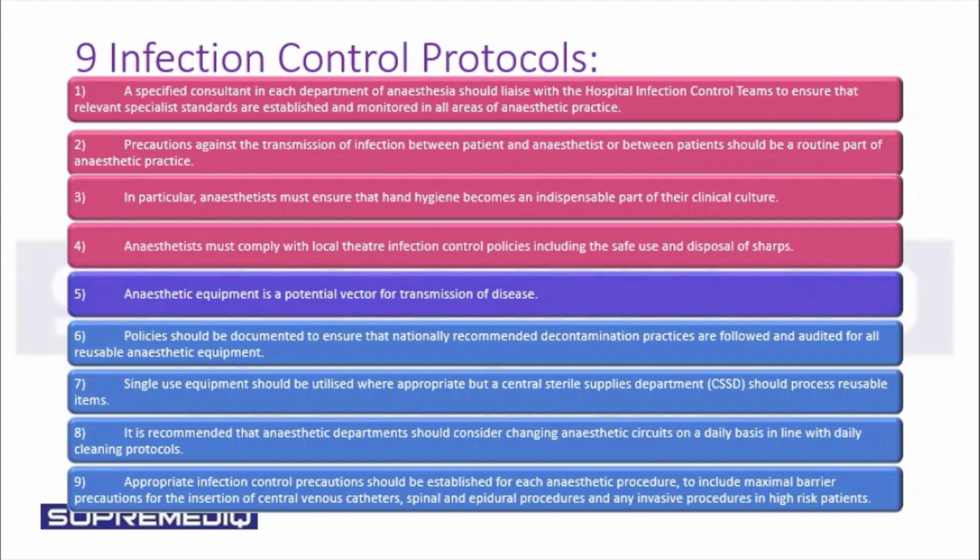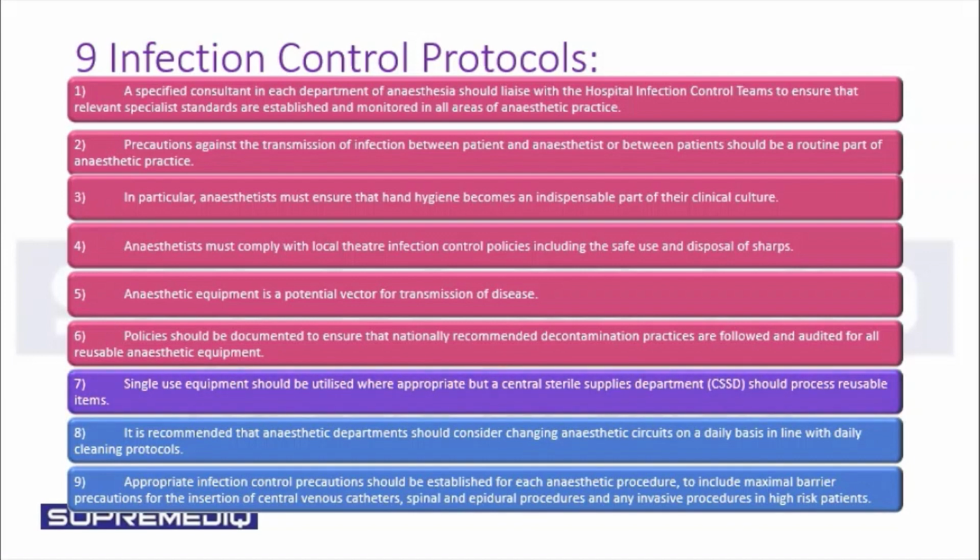6. Policies should be documented to ensure that nationally recommended decontamination practices are followed and audited for all reusable anesthetic equipment. 7. Single-use equipment should be utilized where appropriate, but a central sterile supplies department, CSSD, should process reusable items. 8.